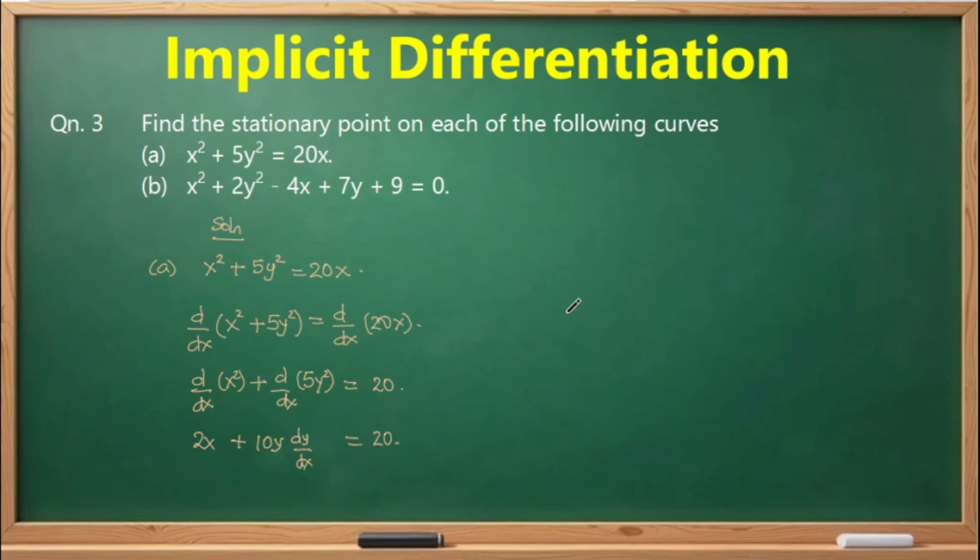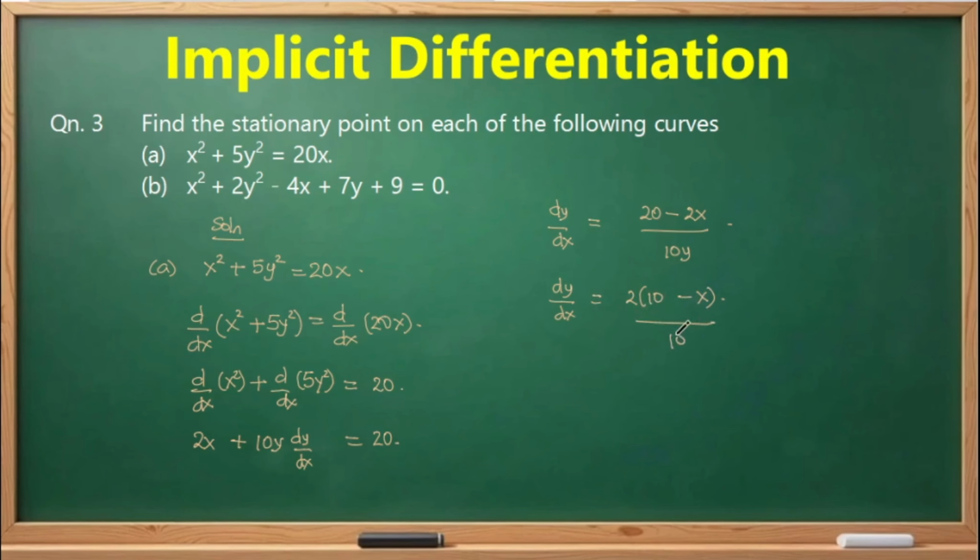equals 20. So we isolate dy/dx by taking 2x to the right hand side and dividing both sides by 10y. Therefore, our dy/dx would be 20 minus 2x all over 10y. And we notice there's a common factor here, that is 2. We can reduce this further: 2 multiplies 10 minus x, so that if you open up by 2, you get 20 and 2x.